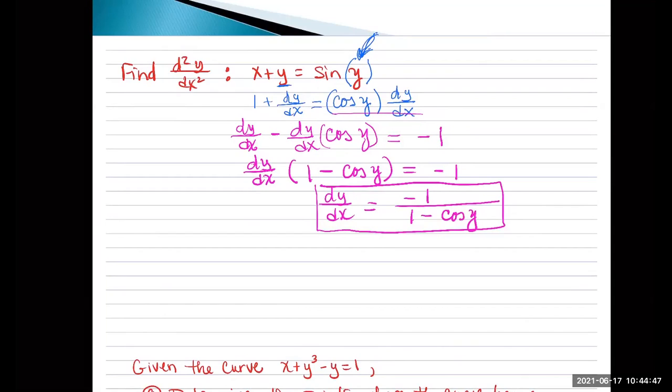Okay, because now we're going to find the second derivative. But we know to find the second derivative, we take the derivative of the first derivative. So notice if I take the derivative of the left-hand side, and I'm going to take the derivative of the right-hand side.